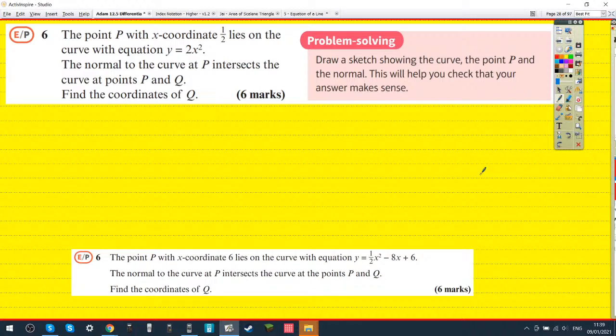So does y equals 2x squared become 4x? Dy dx equals 4x. And then do we substitute a half into it for x? Yep. Which gives you 2.